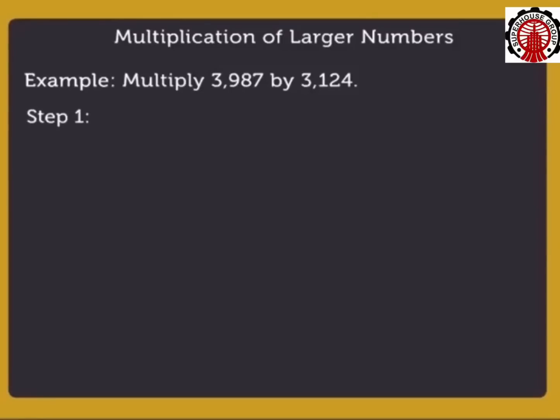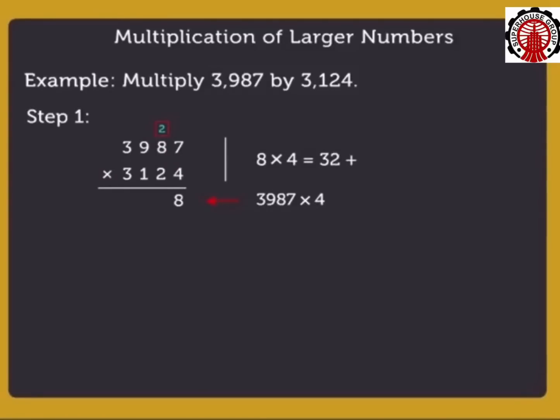As you know, we begin by multiplying 3,987 by the ones digit of the multiplier, that is 4. 7 into 4 is equal to 28. 8 into 4 is equal to 32, plus the carried over 2 is equal to 34. 9 into 4 is equal to 36, plus the carried over 3 is equal to 39.